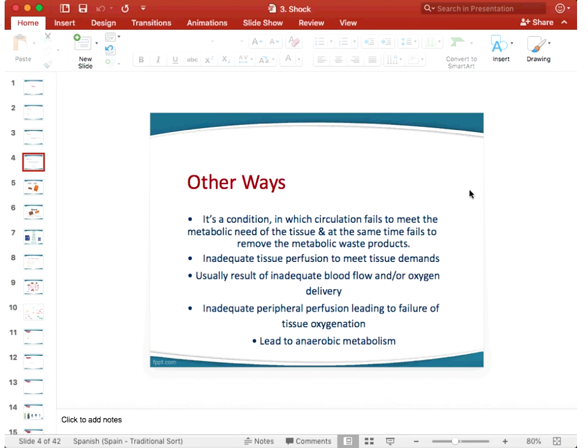As you can recall from your biochemistry classes, if there's not adequate perfusion, then the tissues will start lacking oxygen, and then they will turn into an anaerobic state, then will eventually produce lactic acidosis, therefore making this much worse.